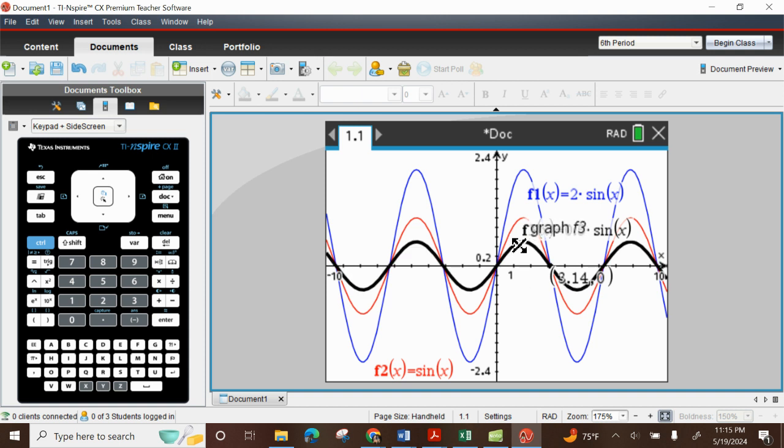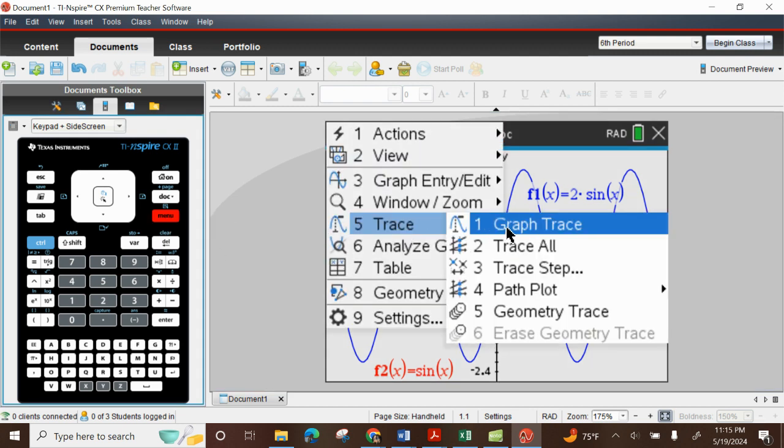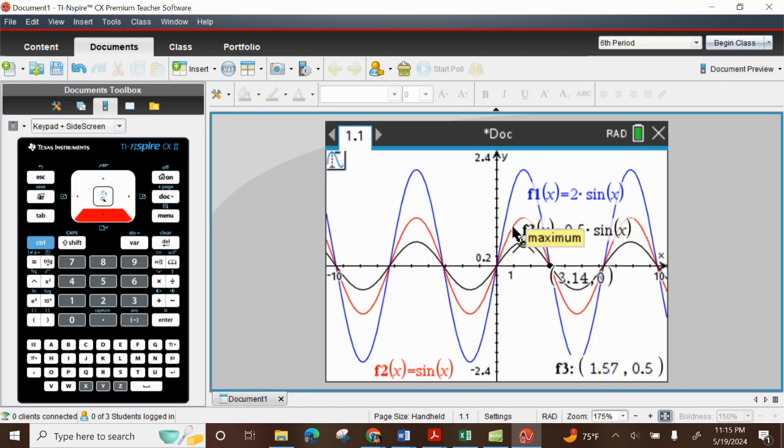I've done 0.5, so it should be half of the red. And if you notice, when you do graph trace, I'm going to jump down to the red one. When the red one is at 1, the blue one is at 2, the black one is at a half. But once again, what is the period for the black one? Exactly the same, 2 pi.